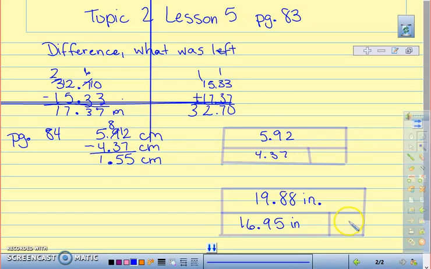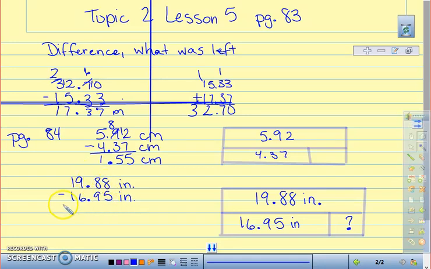So we are just looking for this right here. What is the difference between the two? Remember that word difference again. That's a subtraction hint. So I'm going to take 19 and 88/100 inches, and subtract 16 and 95/100 inches.